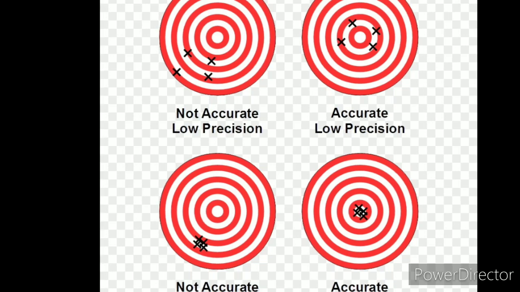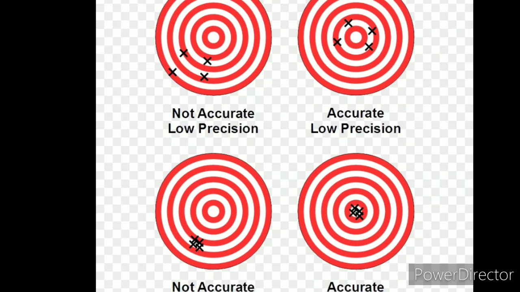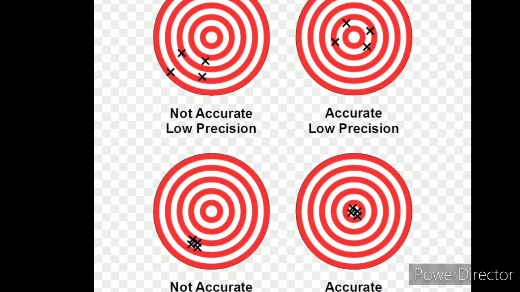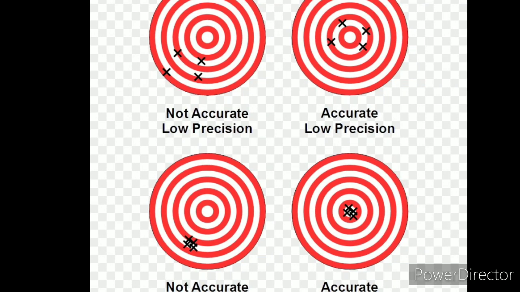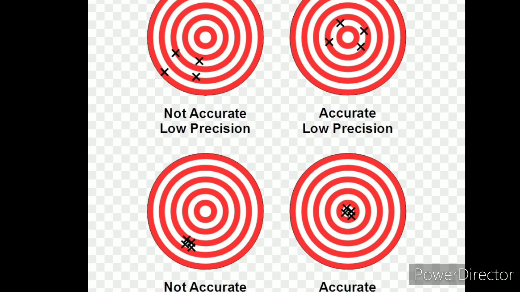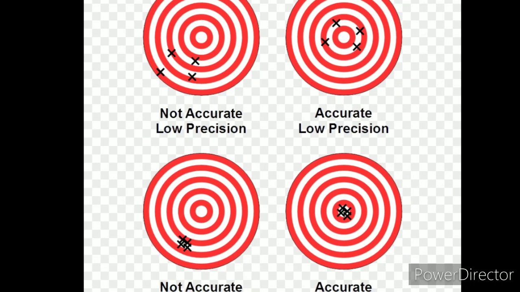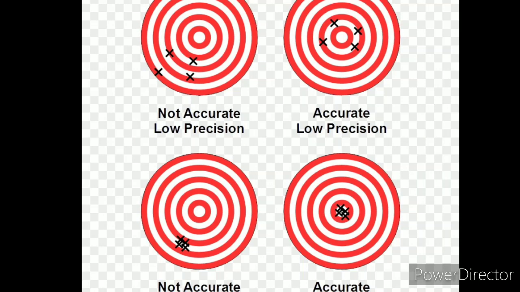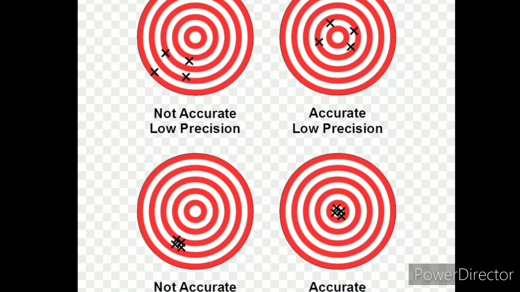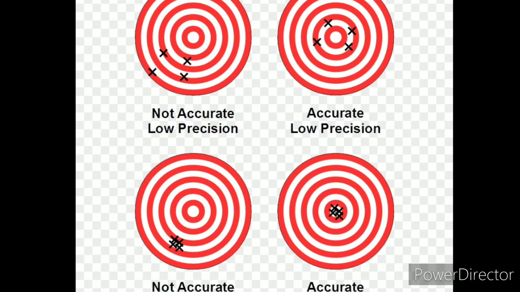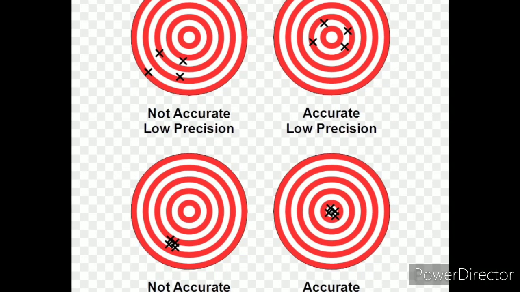Now, precision refers to how closely two or more measurements of the same quantity agree with one another. For example, in the above figure you can see, in the first case, the readings taken by the student, which are represented with the help of a cross sign, are not very close to each other, and secondly they are away from the true reading, which is represented by the center.